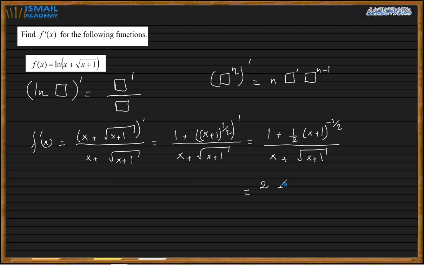So it's going to be 2 plus (x plus 1) to the minus half over 2x plus 2 square root of x plus 1. And you may multiply by (x plus 1) to the half in order for you to not have a negative exponent on the top, or you can leave it like that. That will be enough.